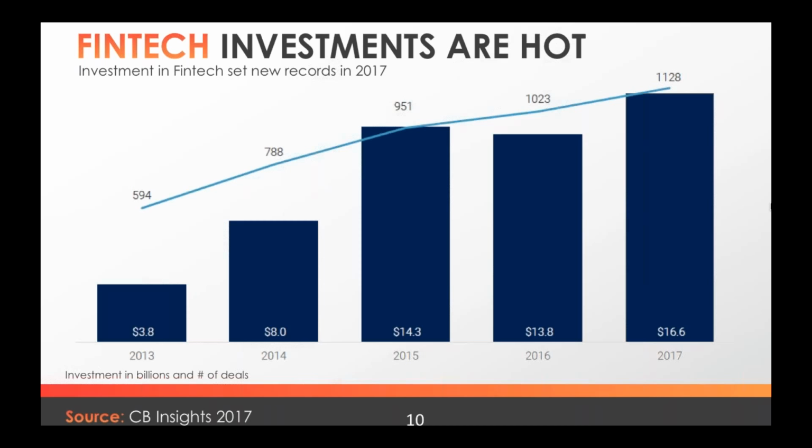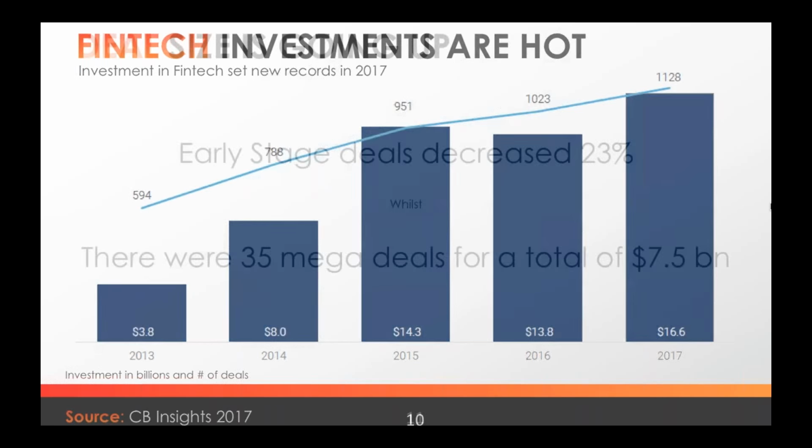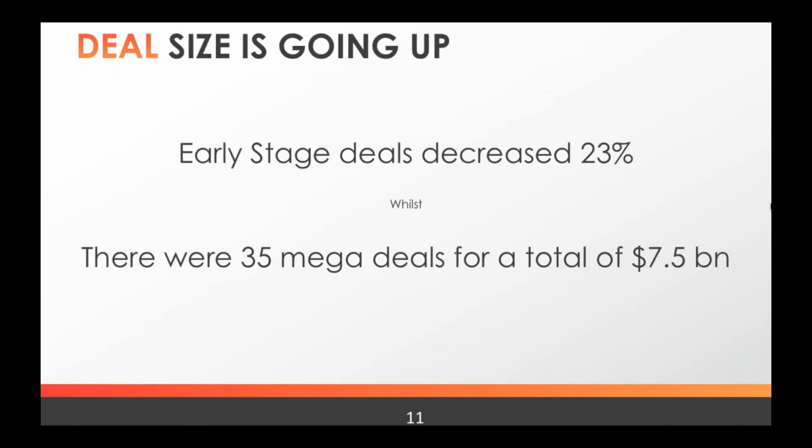However, when we look at the numbers a bit more closely, we can see that in 2017, early stage investment, this would be a Series A, has actually decreased by 23%, and we're looking at growing companies. There's more than 5,000 fintech companies, and investors are choosing the right companies, the ones that have the best chances.